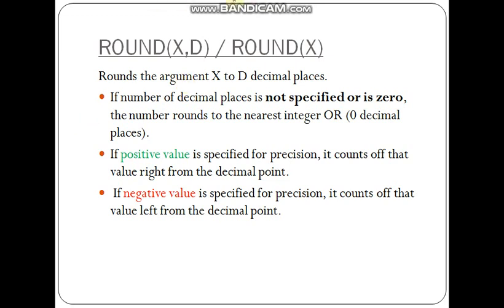You can use ROUND with 2 arguments or with a single argument. If we do not supply the second argument, it is considered as 0. If it is not specified or 0, it rounds to the nearest integer. If it is a positive value, it looks to the right of the decimal point. If it is a negative value, it rounds to the left of the decimal point.